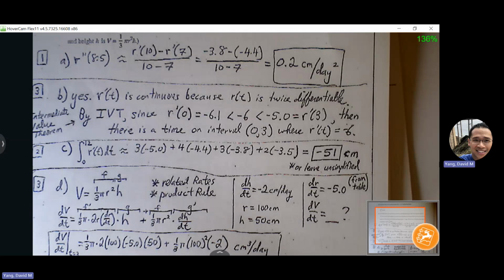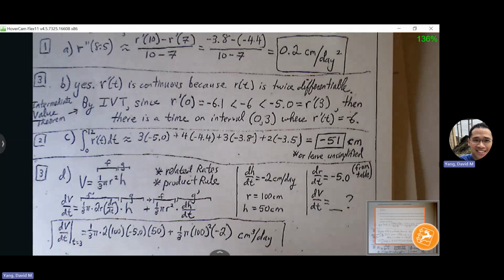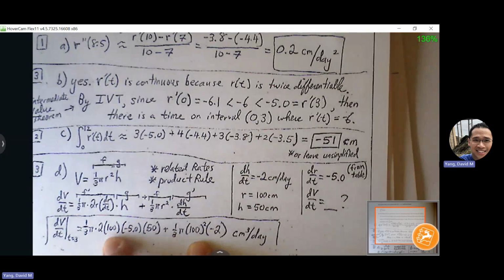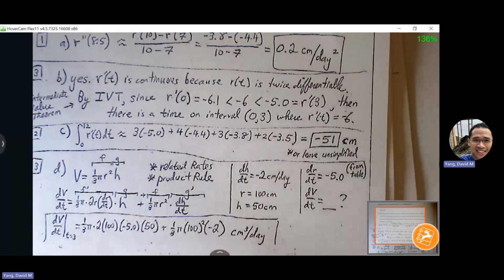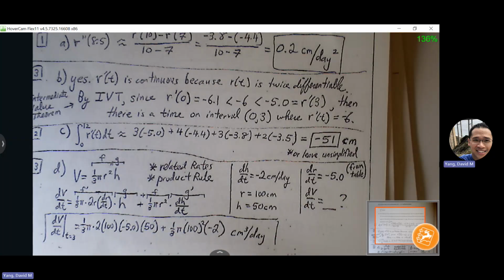Now, keep in mind, this is non-calculator, so this is a mess of an answer, but there's no need to clean anything up. If it's non-calculator, they're never going to expect you to clean anything up. So as long as you get it down to the numeric answer, if everything is a numeric value, leave it alone.